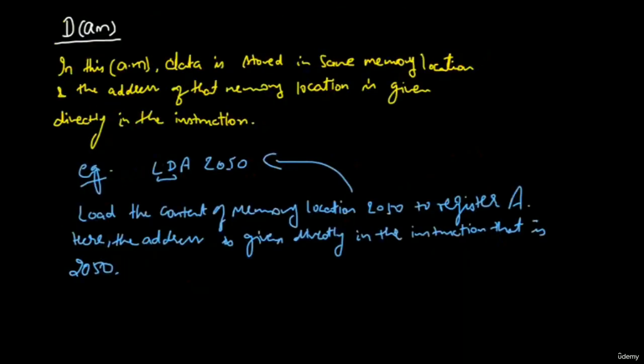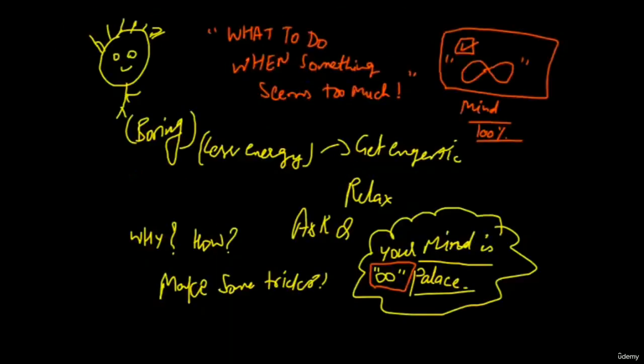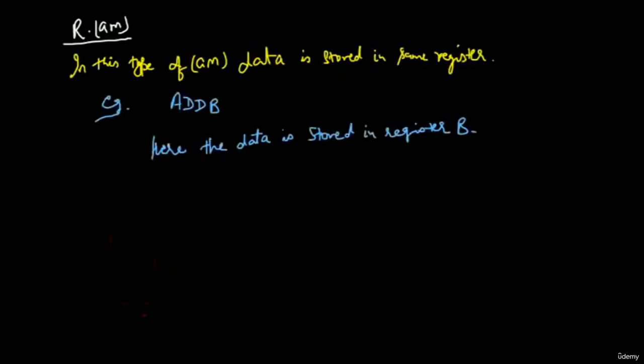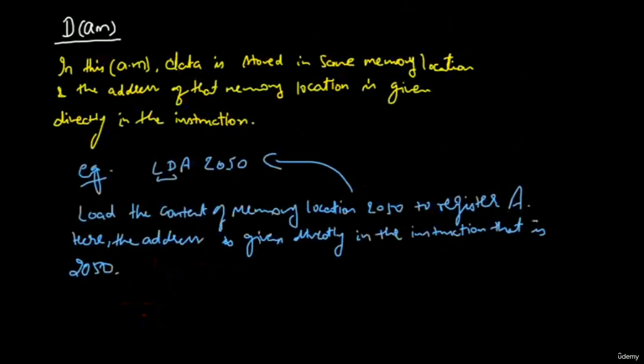Okay, let me go back to the page. The page slipped by a little bit, don't mind. In this addressing mode, the data is stored in the same memory location, and the address of that memory location is given directly in the instruction.